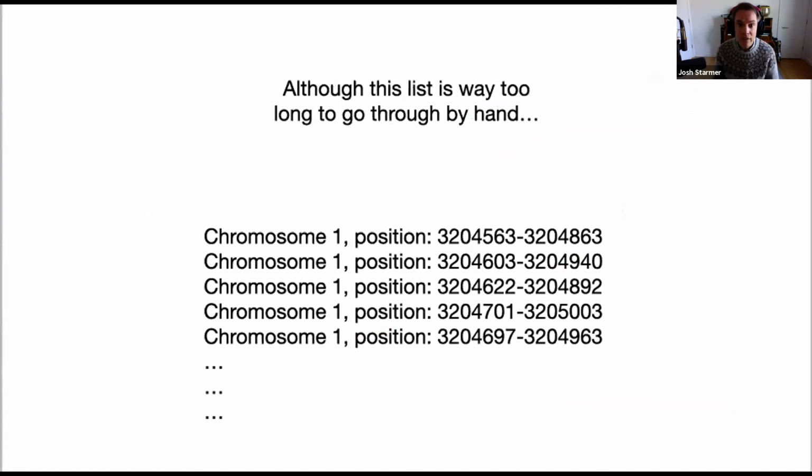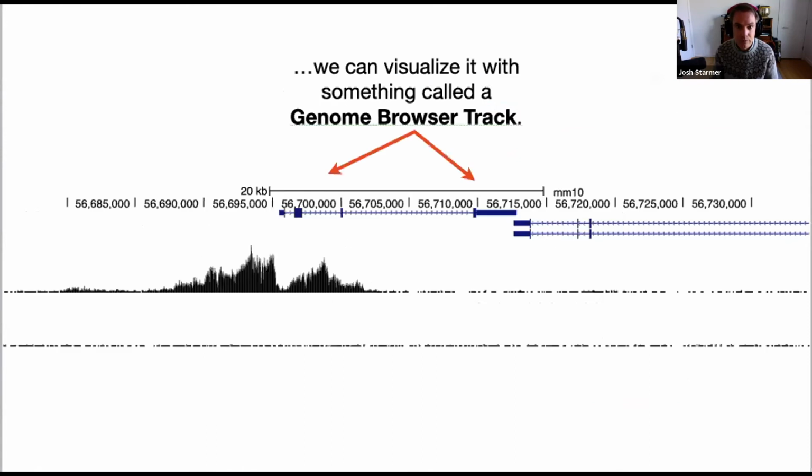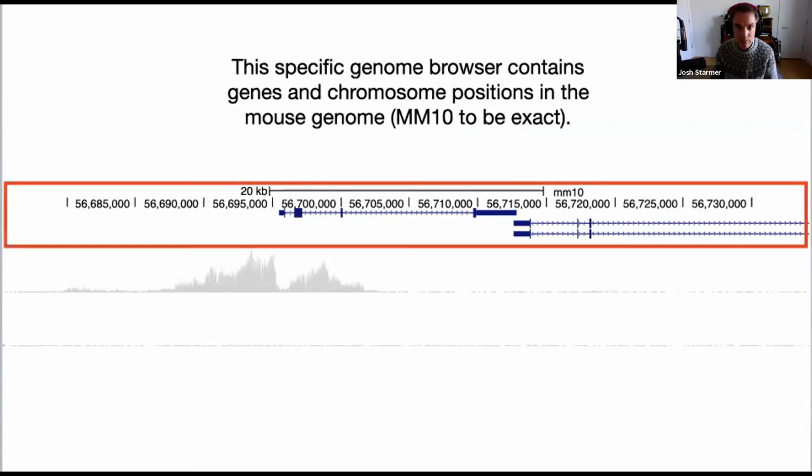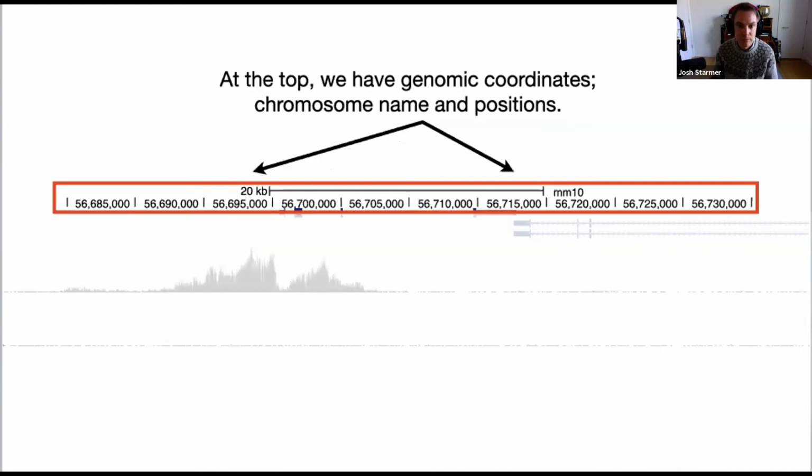Although this list is way too long to go through by hand, we can visualize it with something called a Genome Browser track. This specific genome browser contains gene and chromosome positions in the mouse genome. At the top, we have genomic coordinates. That's the chromosome name and the positions along the chromosome.